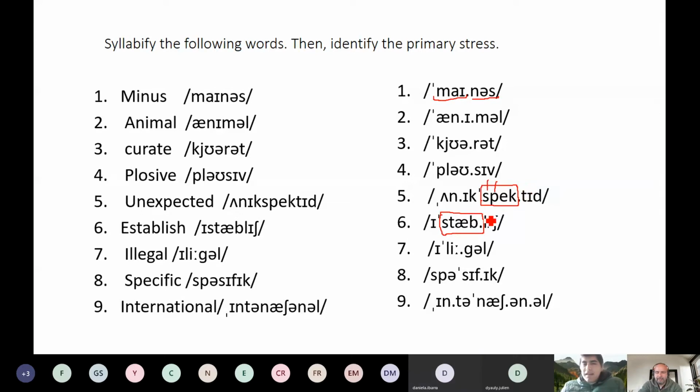I have another question, teacher. Yes, sir? In the first example, in minus, we said it's an open and light syllable. Yes. So if we have two short vowel sounds, it's not important if they are together.